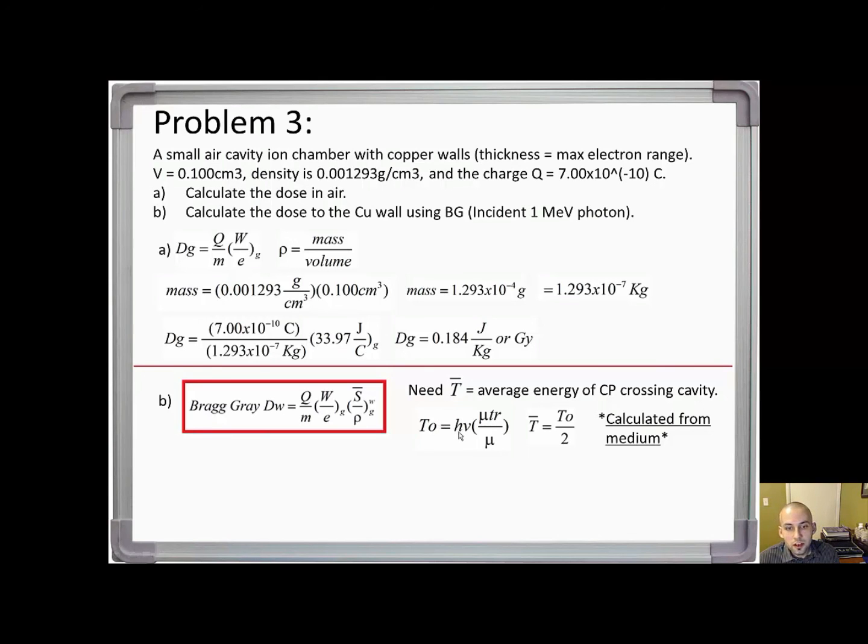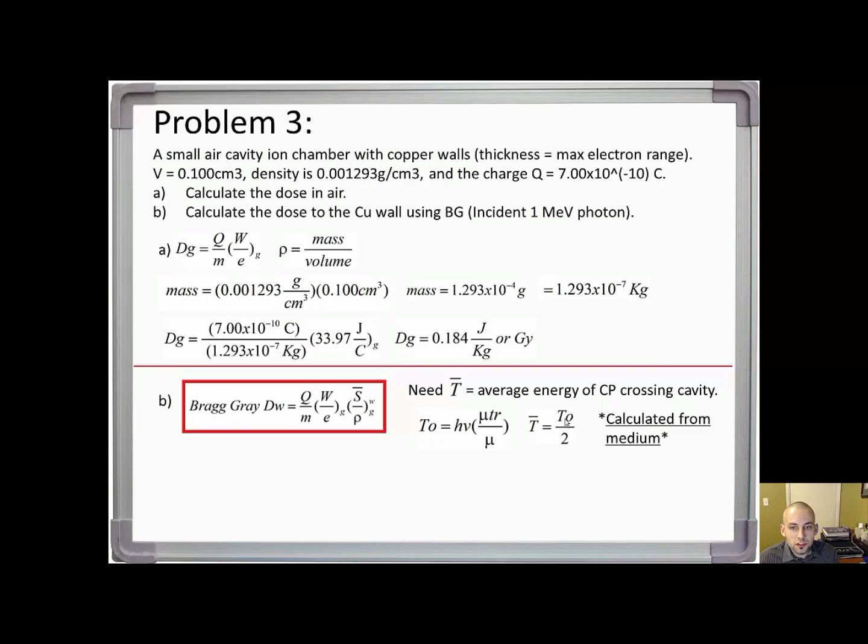And it's equal to the initial photon energy, being 1 MeV photons, times the mu Tr over mu. In our case, it's calculated from the medium, which is copper, mu Tr over mu of copper. So you're going to look these up in a table. So then we can go ahead and calculate T0.